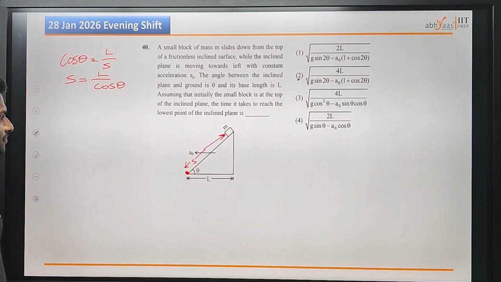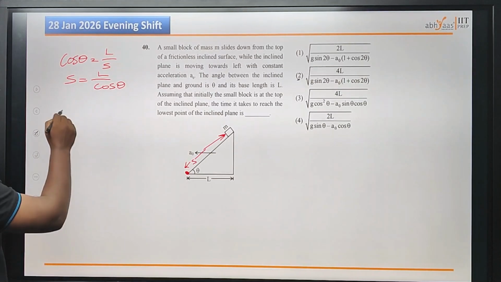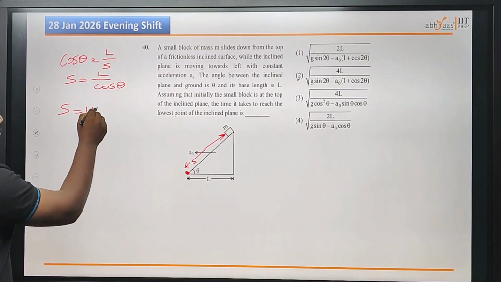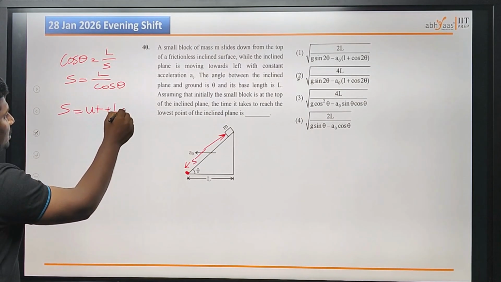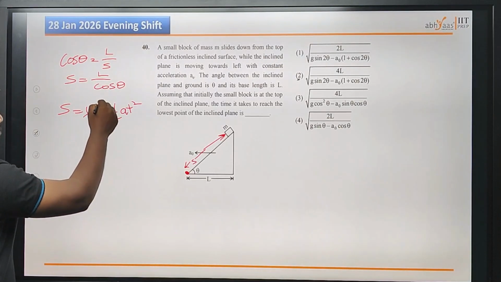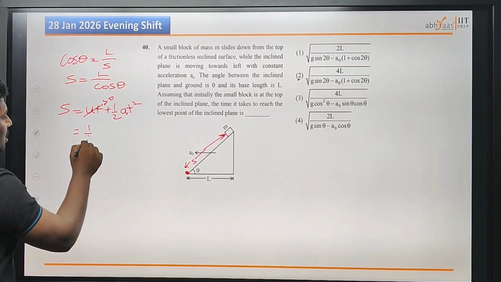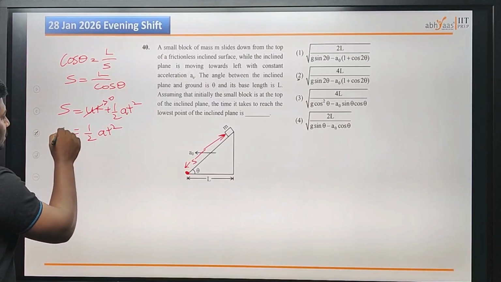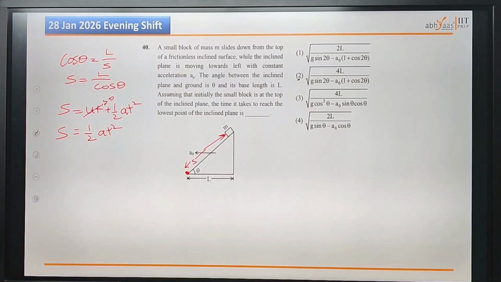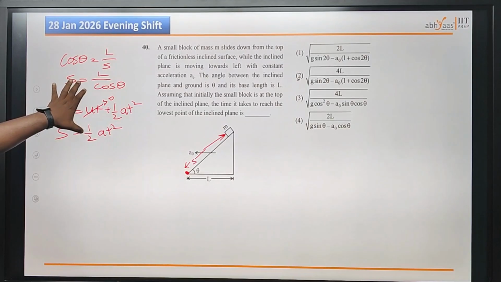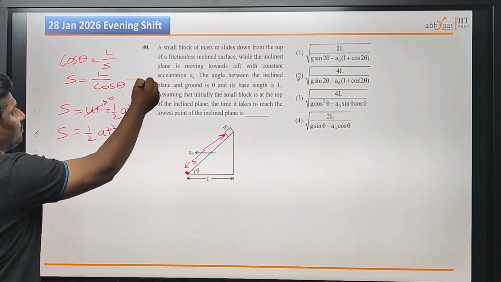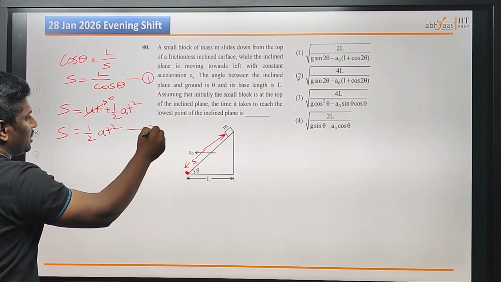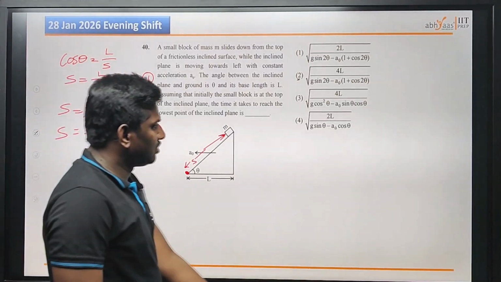What do you have to find? We know the formula S equal to ut plus half a t square. So u is 0, S equals half a t square. You have to find the acceleration. After that, you have to equate these two equations. Let them be 1 and 2. So I am drawing here.